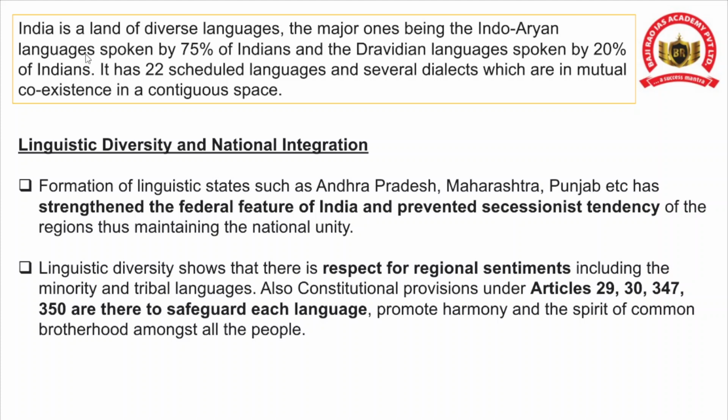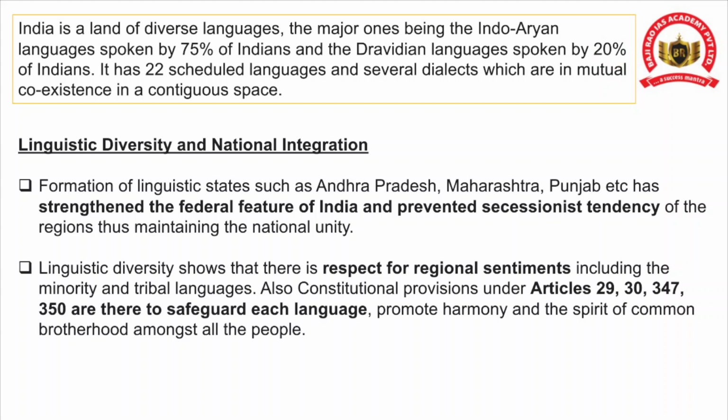On the other hand, there are several Dravidian languages also. Dravidian languages like Tamil, Malayalam, Telugu, including Kannada. So 75% of India's population usually speak Indo-Aryan languages. On the other hand, just 20% of India's population speak the Dravidian languages.